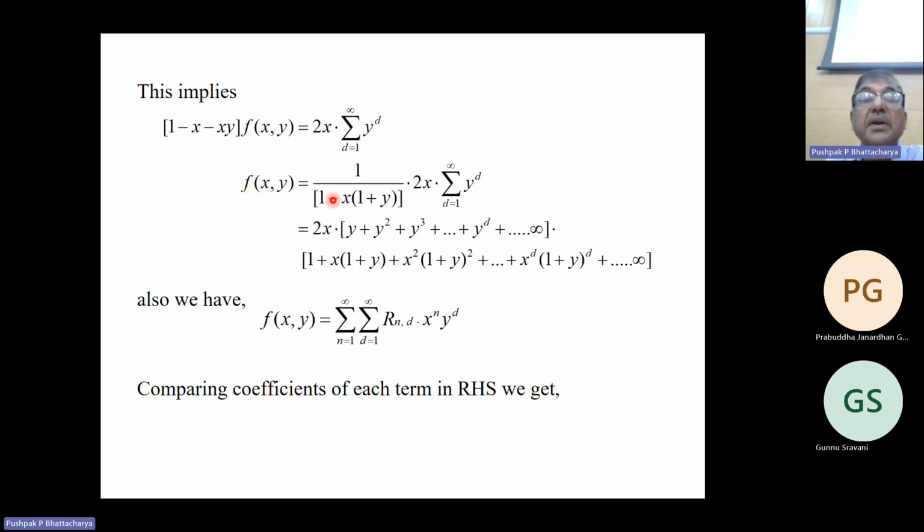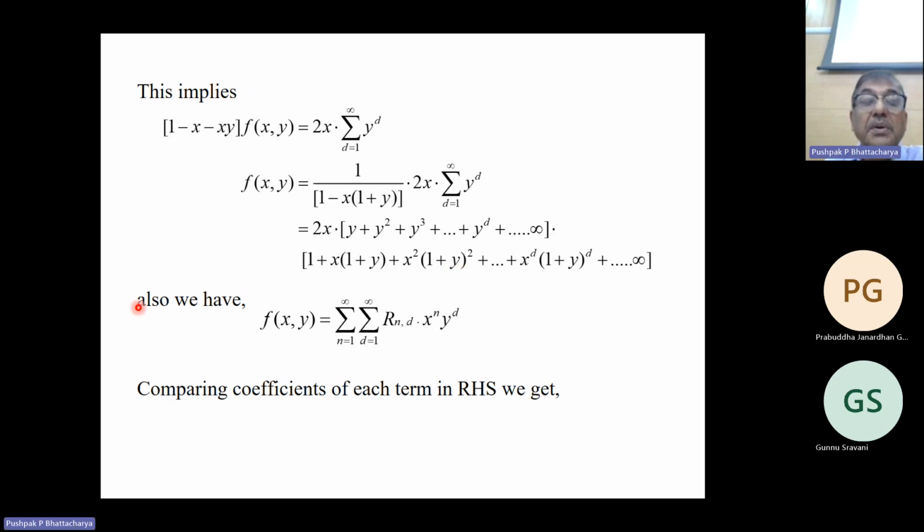So f(x,y) is equal to 1 by (1 minus x(1 plus y)), times 2x into the sum over d equal to 1 to infinity y^d, which can now be expanded as 2x into y, y squared, y cubed, y to the power d up to infinity, multiplied by the expansion of the form 1 by (1 minus x(1 plus y)), which is 1 plus x into (1 plus y) plus x squared into (1 plus y) squared, and so on.